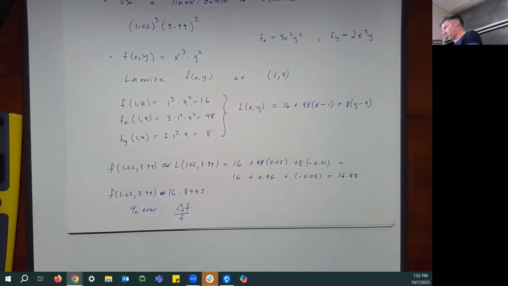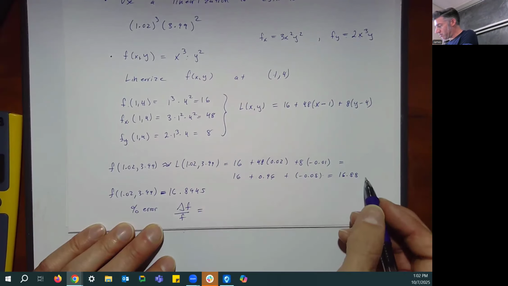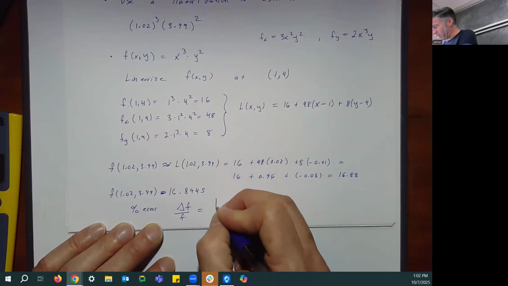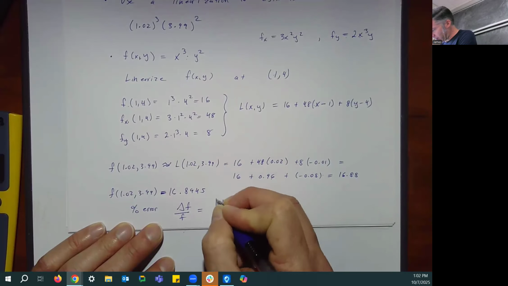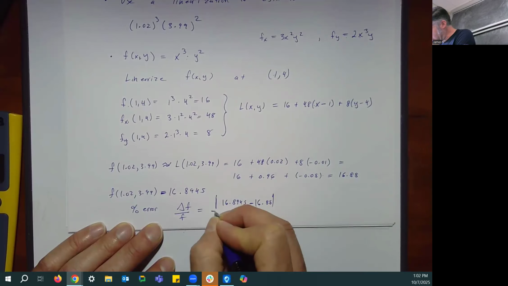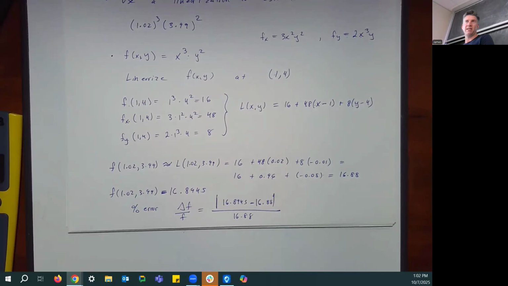But okay, sure. So let's see. Our delta f is going to be, it doesn't really matter which order you subtract it because you're going to throw an absolute value around it. So it's the absolute value of 16.8945 minus 16.88 divided by, you divide by the nicer value, even though that's the one that's the estimate. It's generally the practice anyway.